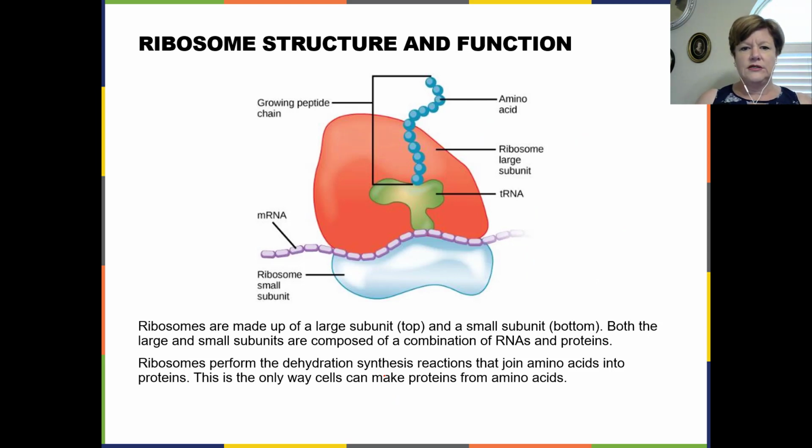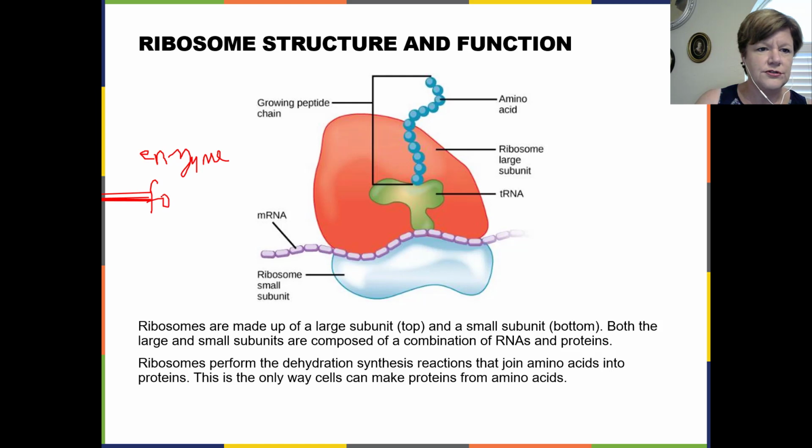Okay, ribosomes. Ribosomes make proteins. So one thing I want you to connect right now is the idea that the ribosome contains within it the enzyme that does the dehydration synthesis (DS) that makes the protein.